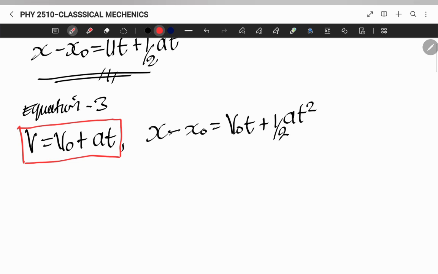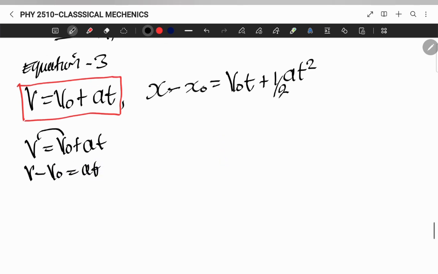What we are going to do is make acceleration the subject of the formula. So v is equal to v naught plus at. I want to make this the subject of the formula, so this will come to this side: v minus v naught is equal to at.